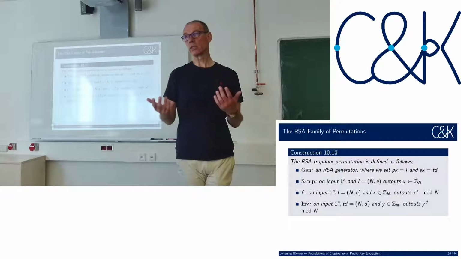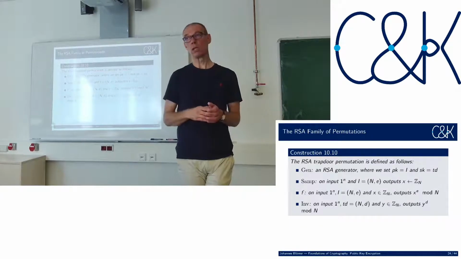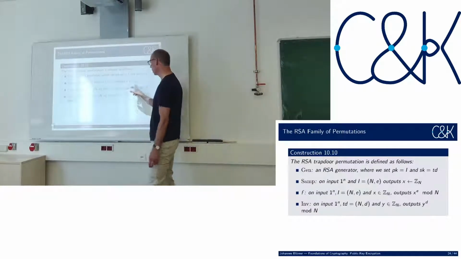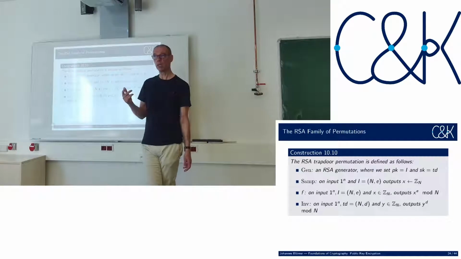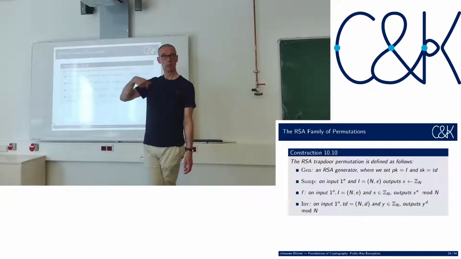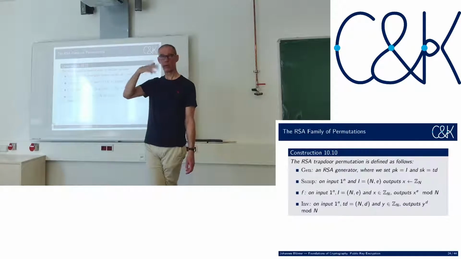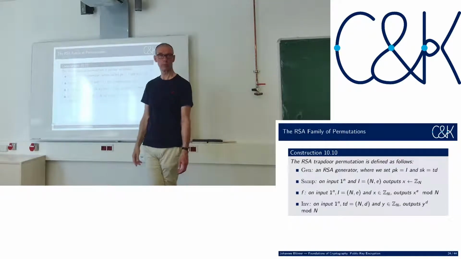And this is not just a function family, it's really a family of permutations, because we have seen that this powering with E is a permutation. We even gave explicitly the inverse, namely powering with D, where D is the corresponding secret key.